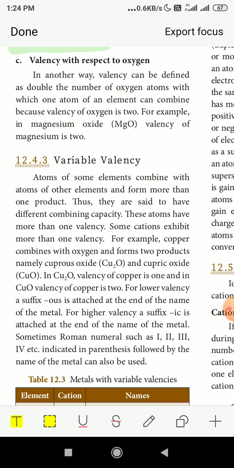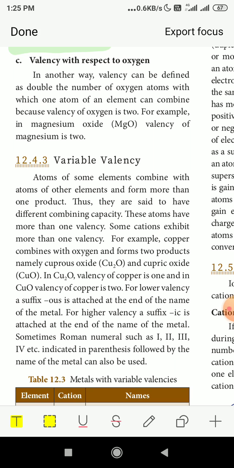For the lower valency, a suffix and prefix are used. Suffix means backside, prefix means front side. The suffix is attached to the end of the name of the metal, for example the suffix IC. Sometimes Roman numerals such as 1, 2, 3, 4 etc., indicated in parentheses after the name of the metal, can also be used.